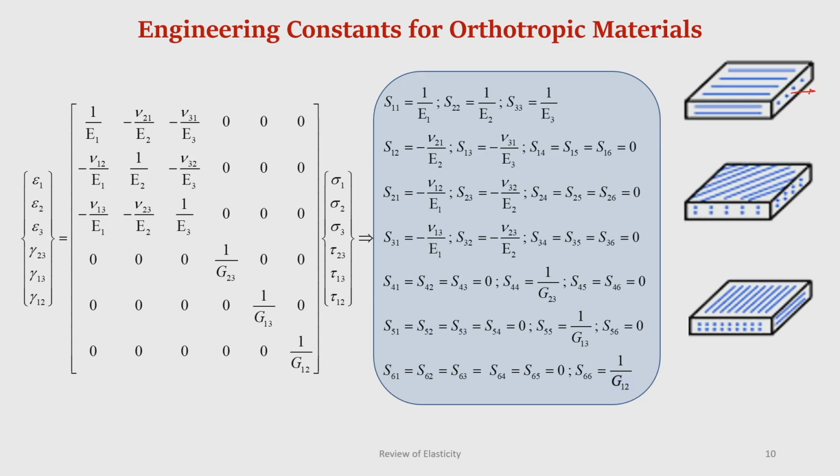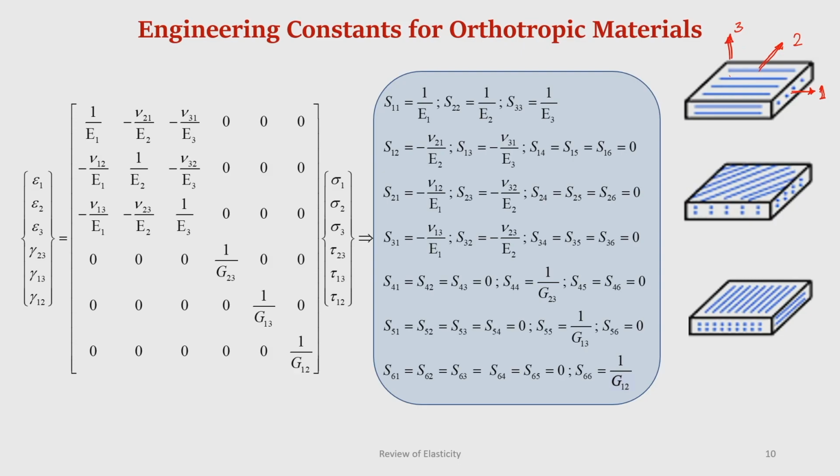Say this is 1. For example, if you consider a unidirectional lamina, along the direction of the fiber is 1, that means 1 is normal to the plane 2 3. So, this is the direction of orthotropy 1. Similarly, 2 is the other direction of orthotropy which is perpendicular to 1, and 3 is the third direction of orthotropy.